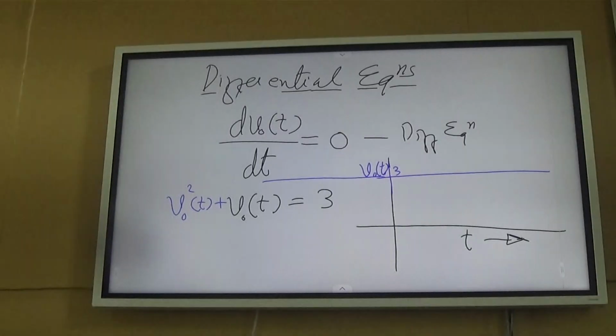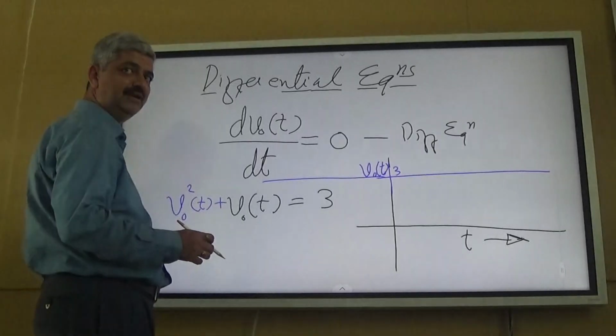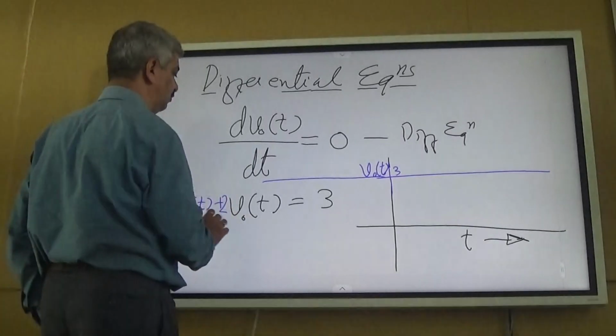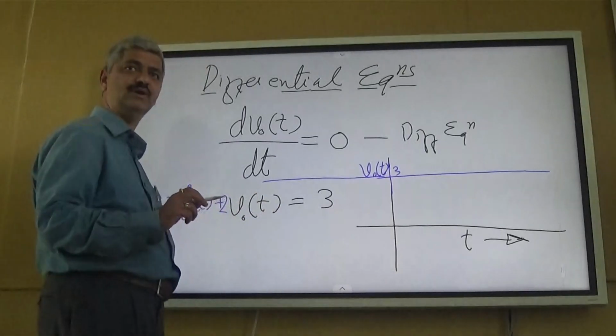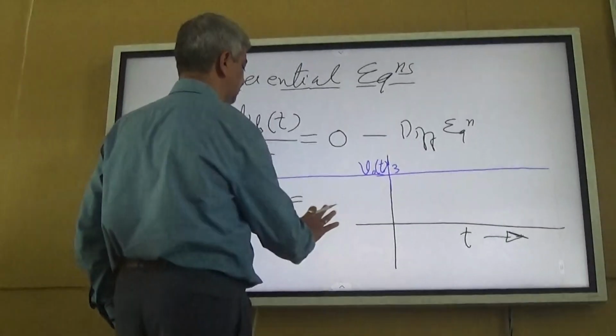If I take V(t) square, I will make it simpler. To make it simpler, V(t) square plus 2 V(t) is equal to minus 1.